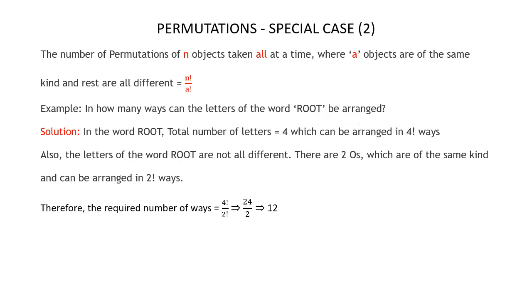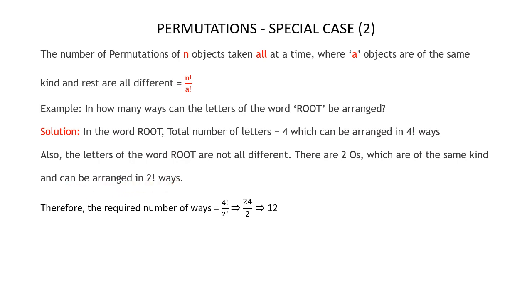So in the word root, the total number of letters is 4. Now if all these four letters are taken at a time, then they can be arranged in 4 factorial ways. Also, the letters of the word root are not all different. You can see that there are two O's which are of the same kind, and these two O's can be arranged in 2 factorial ways.